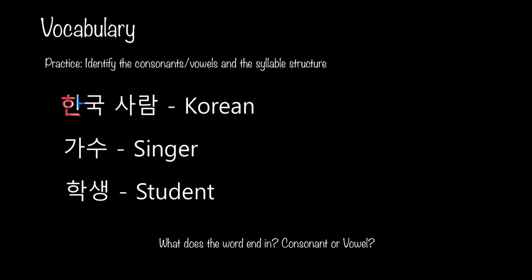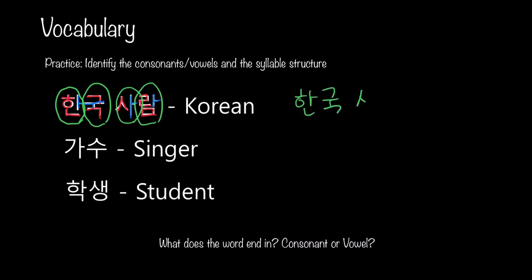So this is a syllable, 한, 국, 사, 람. 한국 사람. And this means Korean.